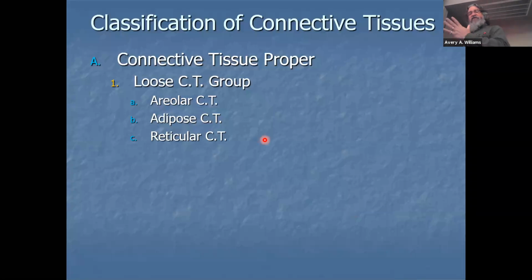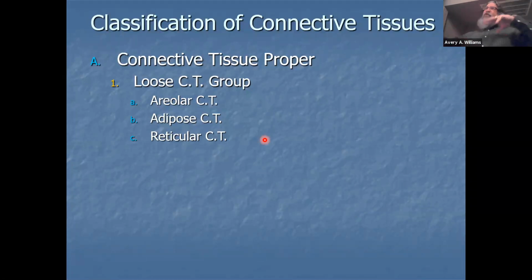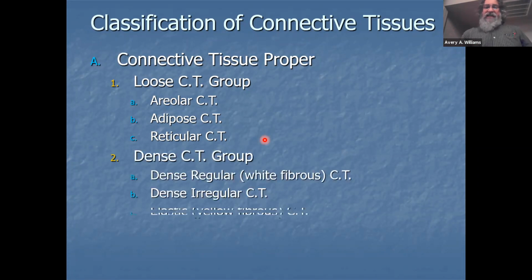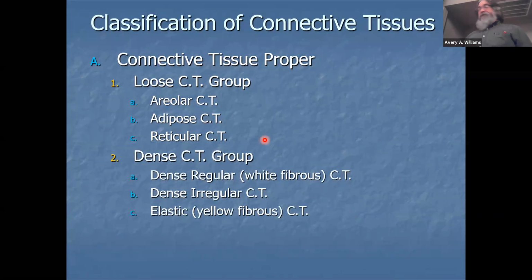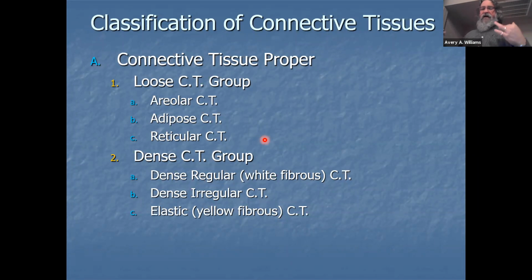And I want you to understand that, because when we're talking about categories and so forth, I ask you questions. This is a good place to keep all this straight in your mind. And then of the dense connective tissue group, there's also three, okay? There's dense regular connective tissue. Some books call it white fibrous connective tissue. It's the same thing, okay?